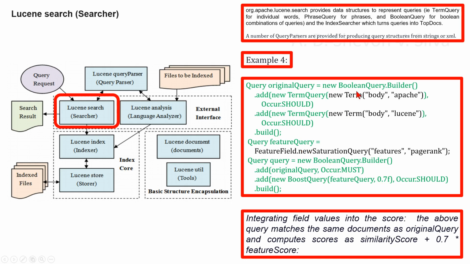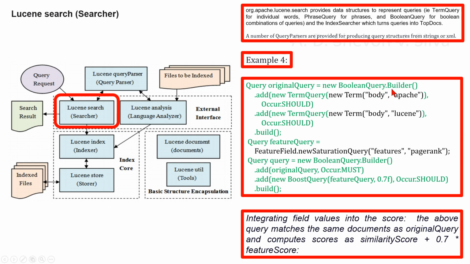Here the BooleanQuery: a query that matches documents matching boolean combinations of other queries, for example term queries, phrase queries, or other boolean queries.